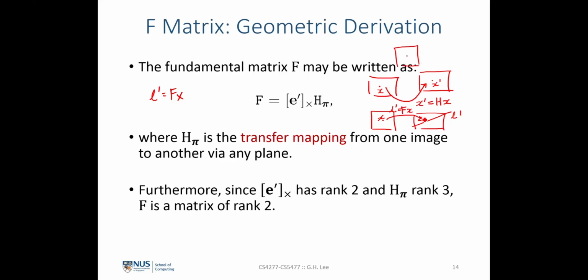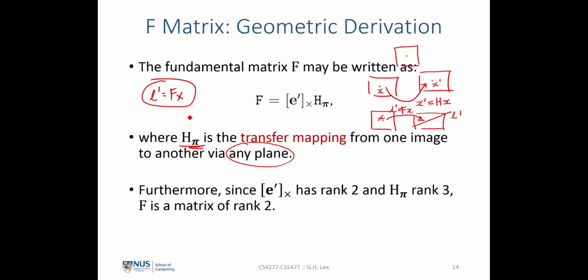But in this particular case, we are looking at the transfer by a fundamental matrix of a point to a line from the first view to the second view. Although it's via two steps, where the first step is a homography, it's important to note that this homography can be on any plane. It's actually a virtual plane that we define in the scene to help us derive this particular relation of the fundamental matrix that transfers a point to a line.